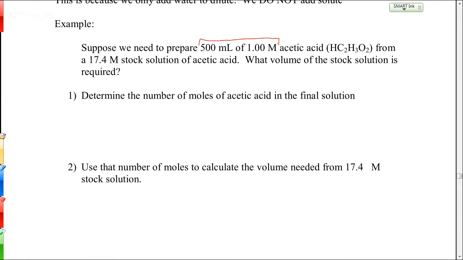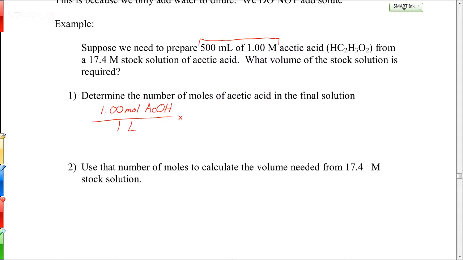All right, so how many moles is that? If it's 1 molar, that's 1.00 moles acetic acid. I'm going to use a different abbreviation for acetic acid, ACOH. It's kind of the organic chemistry abbreviation. But that molarity tells us that there are 1.00 moles per 1 liter.